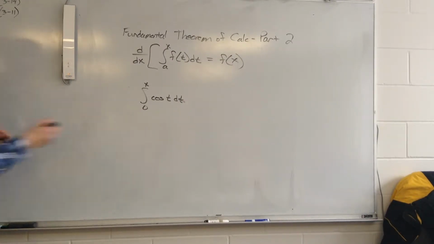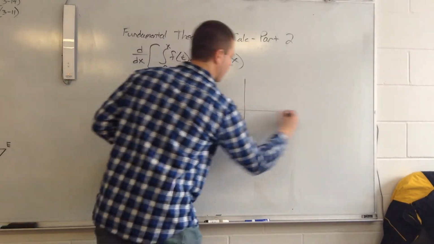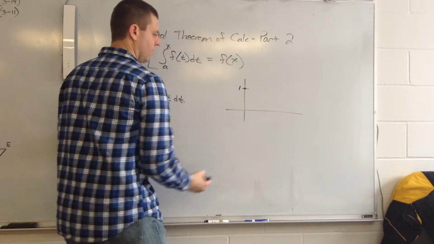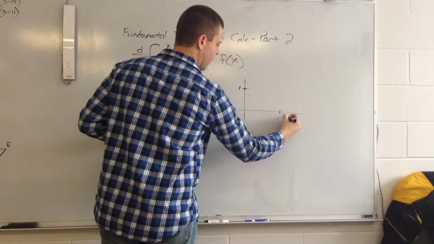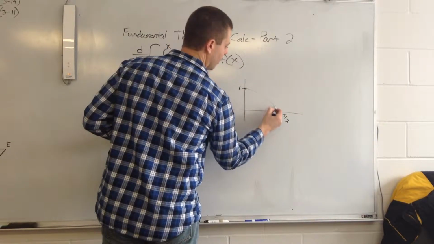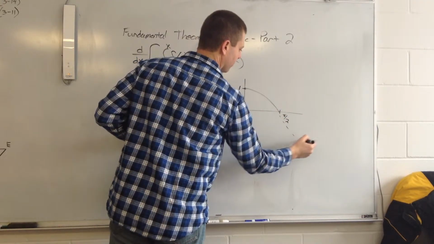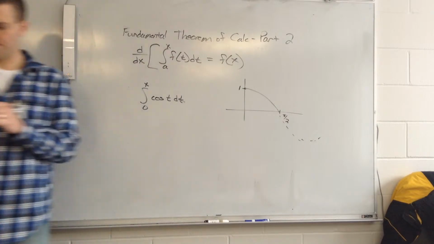Okay? So, if you're thinking about it, cosine starts up here at 1, and then at pi over 2, it's already back down to 0, and then it just keeps going and going and so on.